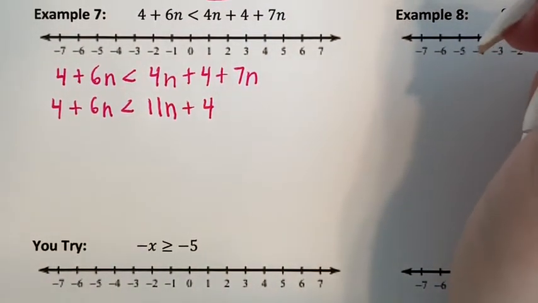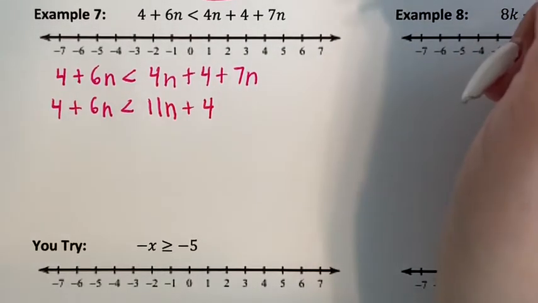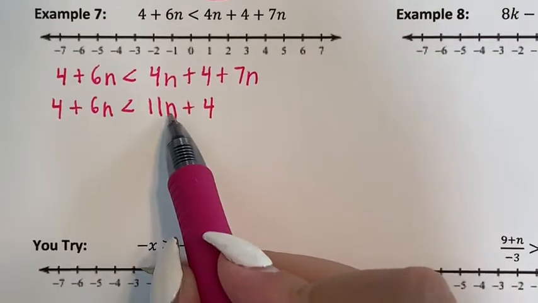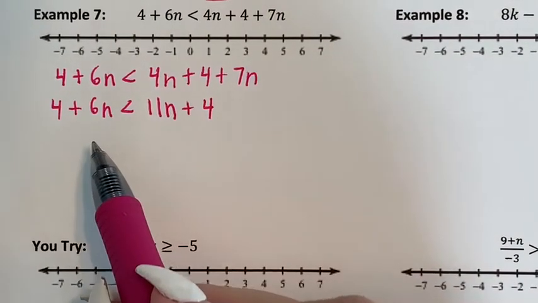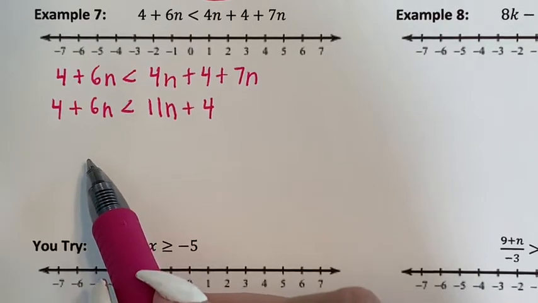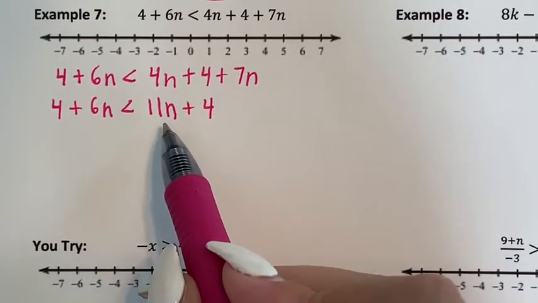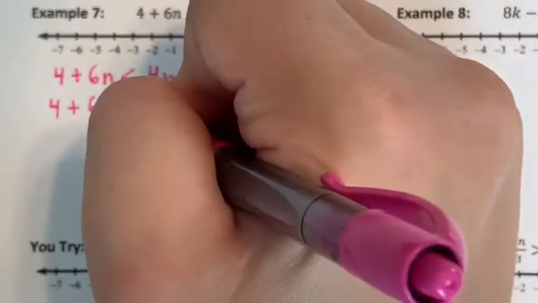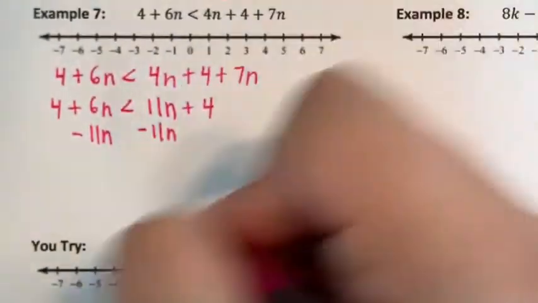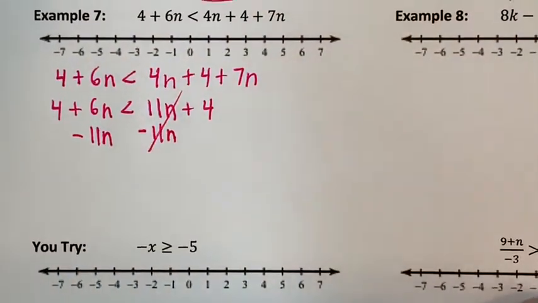Now we want to start moving our variables to one side and constants to one side. I'm going to move my variables to the left because at the end, I like my variable to be on the left of my inequality sign. You can choose to move your variables to the right and you'll get the same answer, but I'm going to do minus 11n so that I can move my variables over to the left.